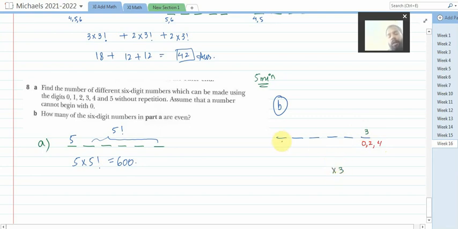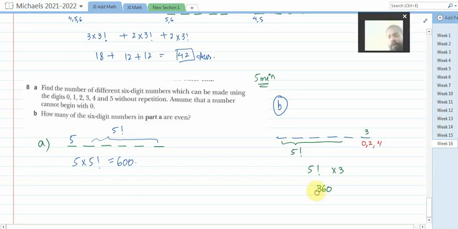Now what about the rest? In total we have 6 numbers, and among those, only one number can be placed at the last place, so the remaining part is 5 factorial. So we have 5 factorial into 3. 5 factorial is 120, times 3 gives you 360. That is your part B answer.